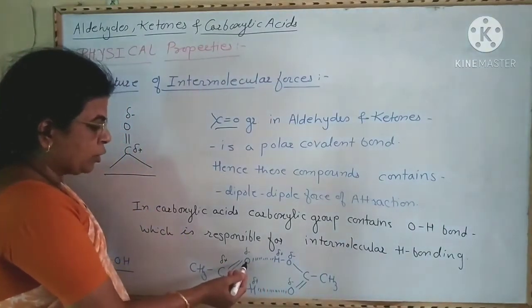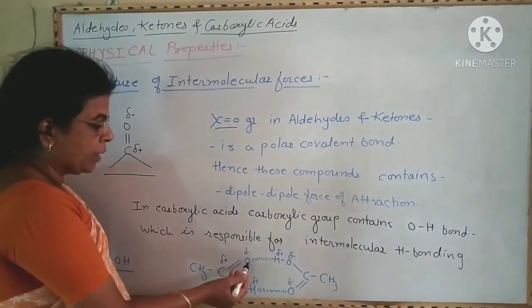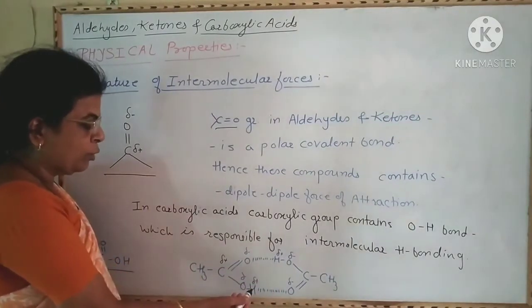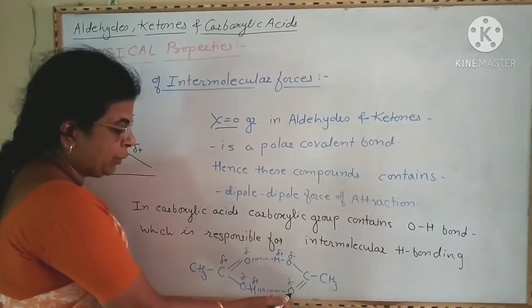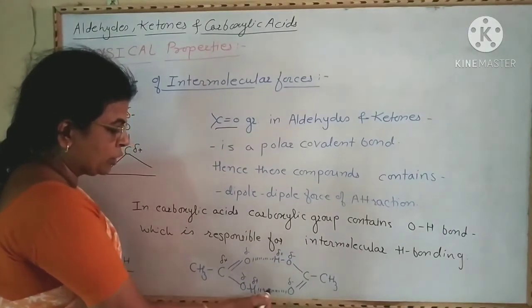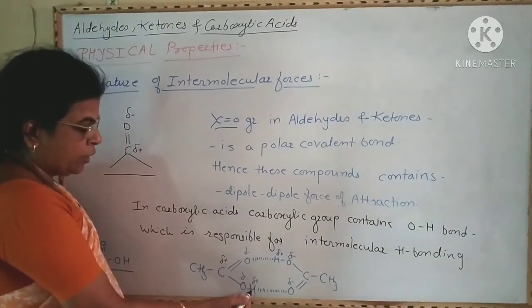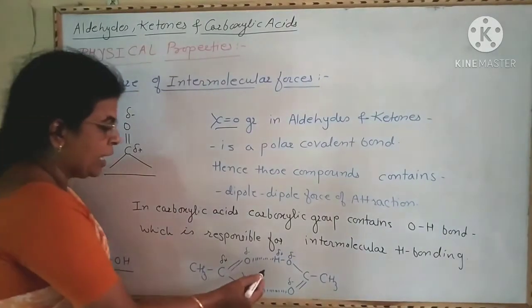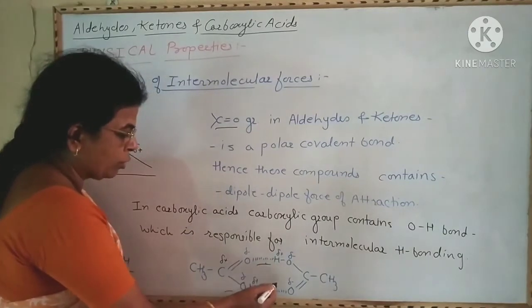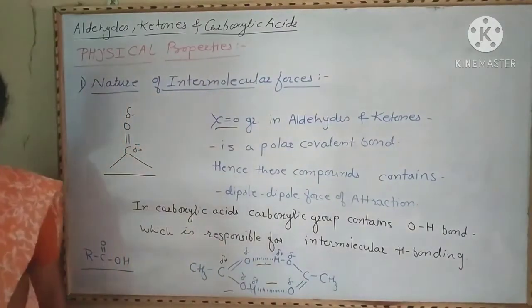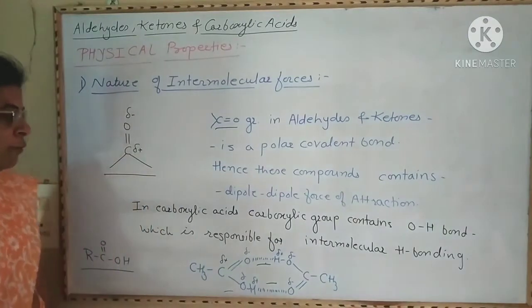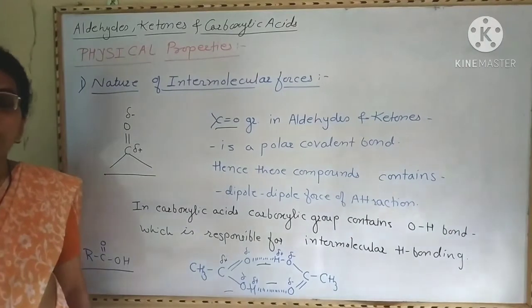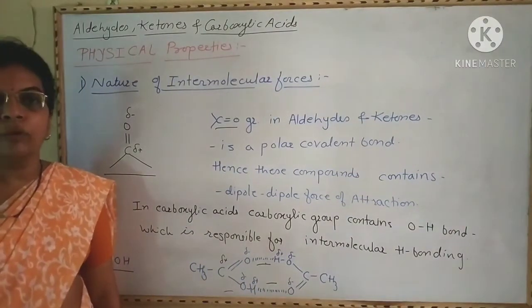That is, this electronegative, negatively charged oxygen atom gets attached to this electropositive, positively charged hydrogen atom of the second molecule of acetic acid, and therefore formation of intermolecular hydrogen bonding takes place in carboxylic acid, and therefore there is presence of intermolecular force of attraction in both aldehydes, ketones and carboxylic acids.